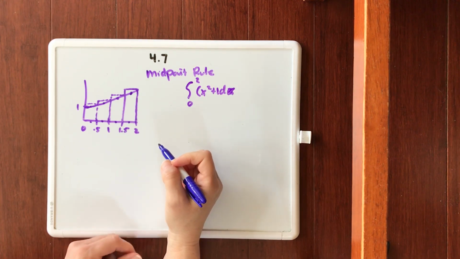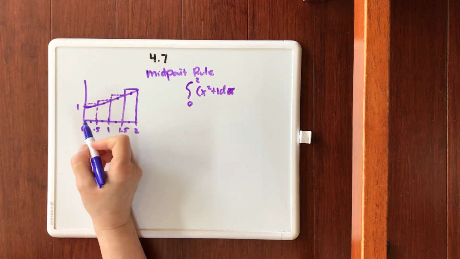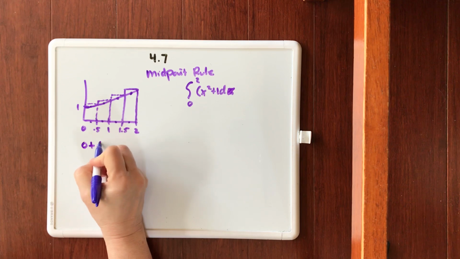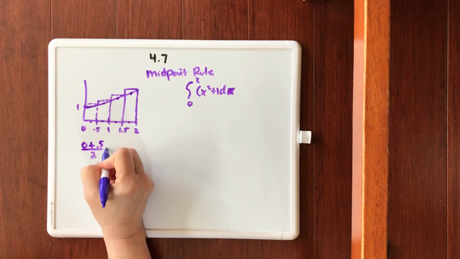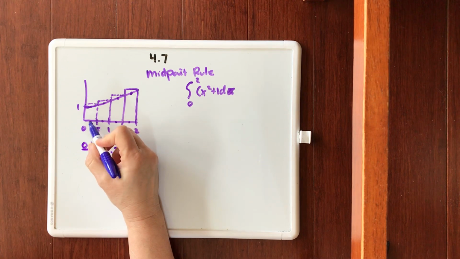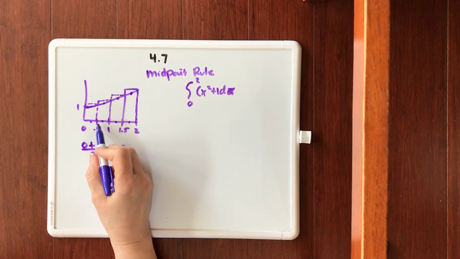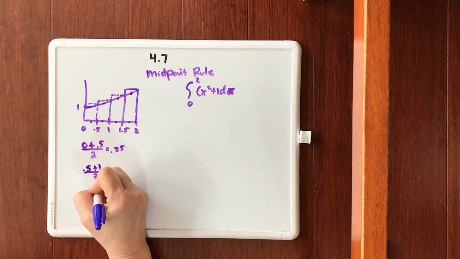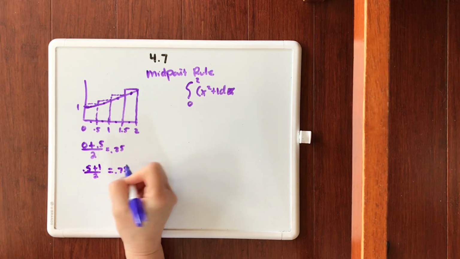Let's take the midpoint here. To find the midpoint, we take the first point, add it to 0.5, and divide by 2. That's 0.25. Let's find the midpoint of here. 0.5 plus 1 divided by 2 is 0.75.